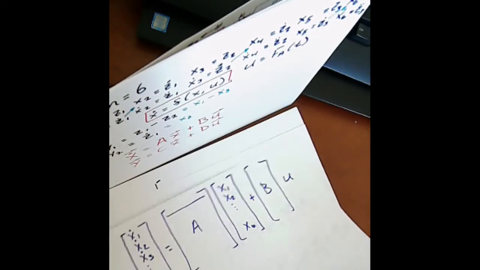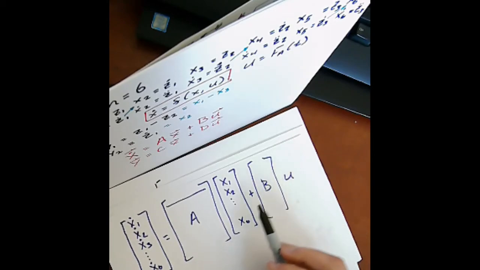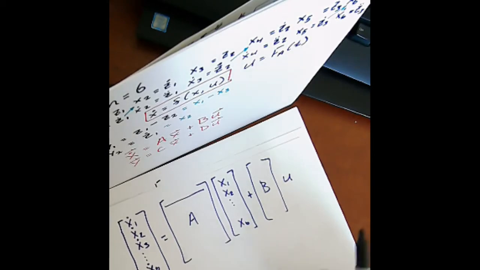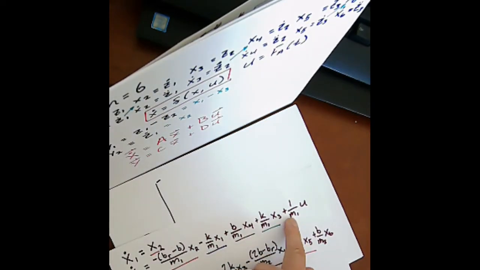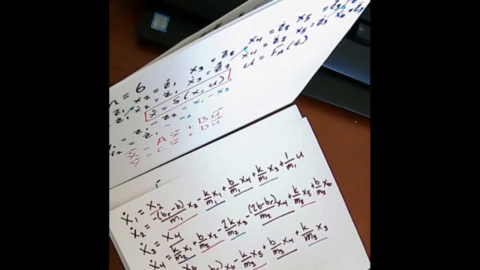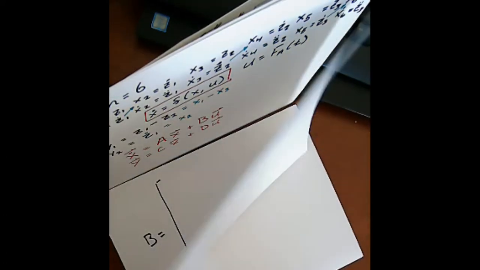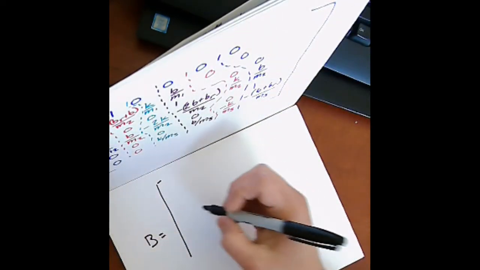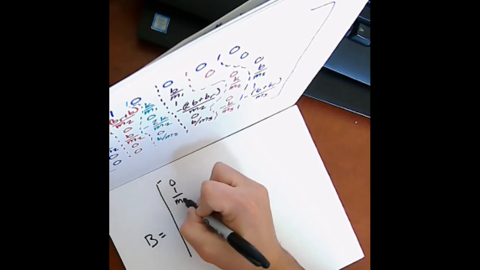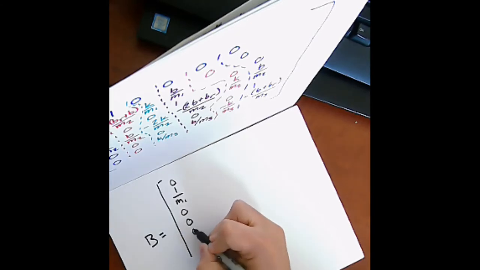Remember, B is all the things that multiply U. If B is all the things that multiply U, I only have this in my equation. Are you telling me, Dr. D, this is all zeros except for that one entry? You bet your bottom dollar that's what I'm telling you. 0, 1 over m1, 0, 0, 1, 2, 3, 4, 5, 6.